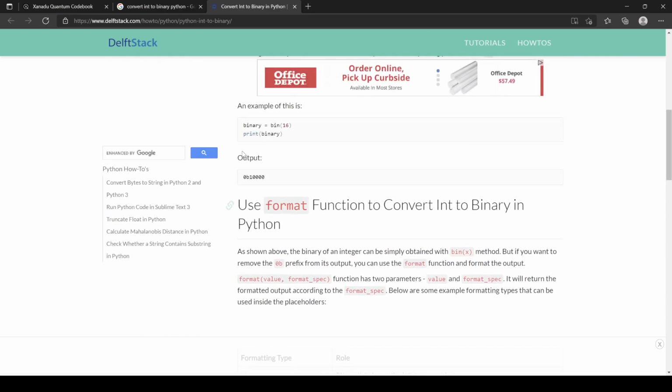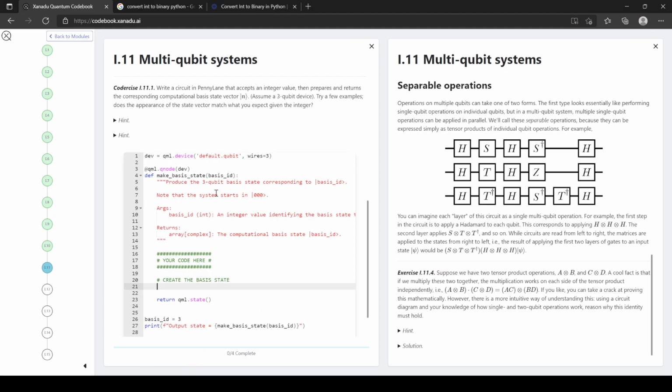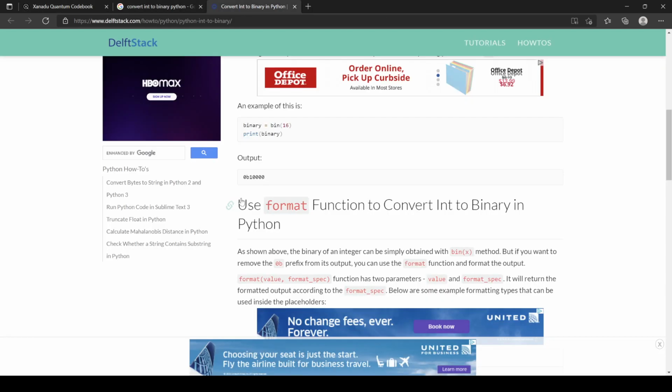Okay, so we want bin of the integer. We're going to do s equals bin of basis ID, but we want to ignore the 0b at the beginning.